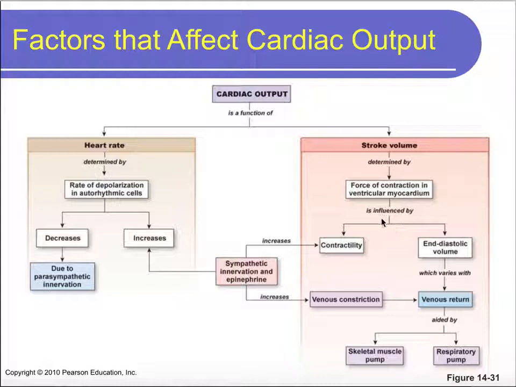Also, the contractility of the heart is influenced by our end diastolic volume. So remember, the more blood that comes back to the heart, we're going to stretch our sarcomeres, and when we stretch our sarcomeres, it's automatically going to contract with more force. That's our Frank-Starling law. And again, that's all about sarcomere length.